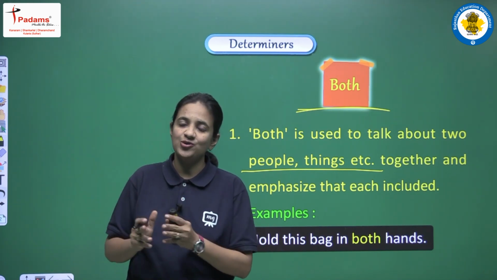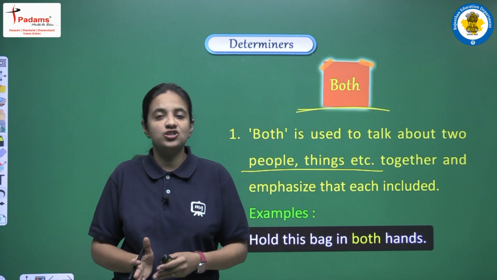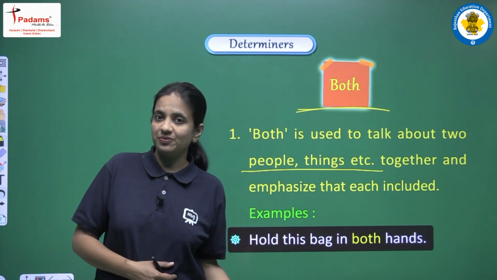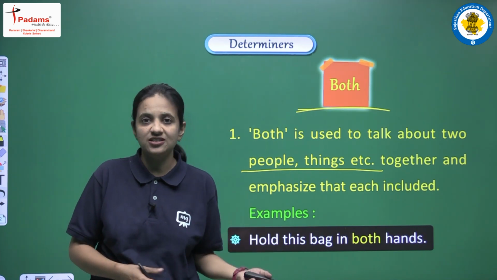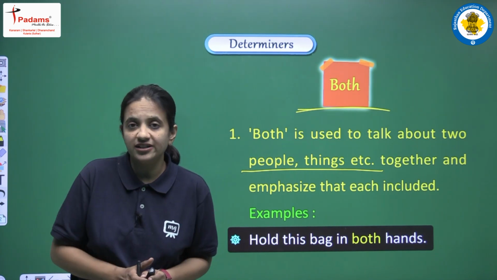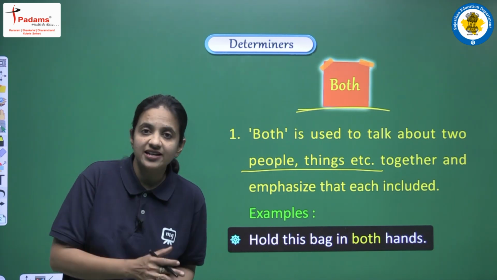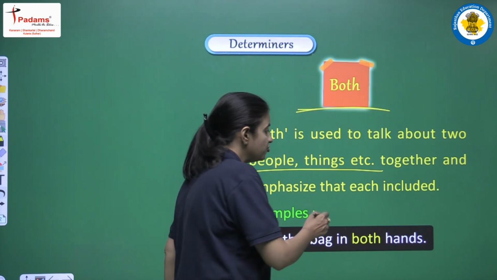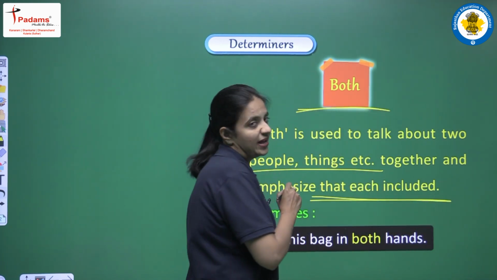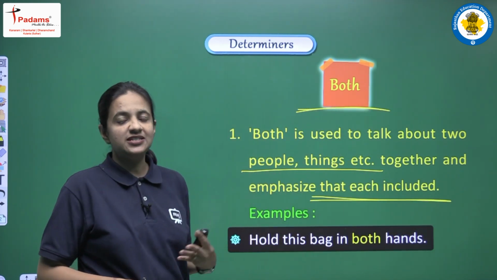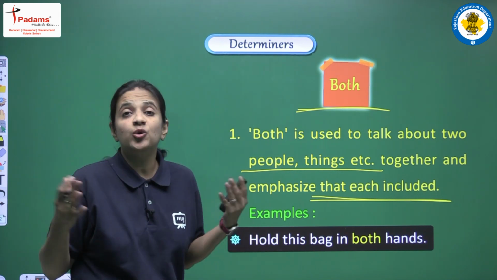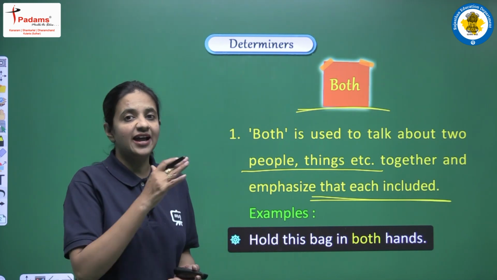First of all, we have to clear this thing that both is used when we are talking about two people, when we are talking about two things together, and the more important thing is that we are emphasizing that each one is included. So when we use both, that means we are talking about two things and both the things are included in that manner.